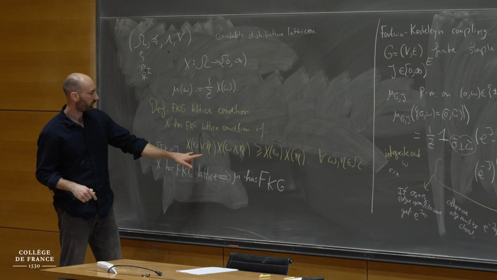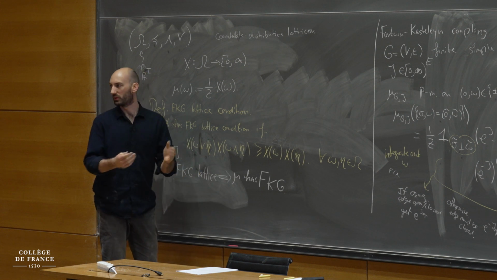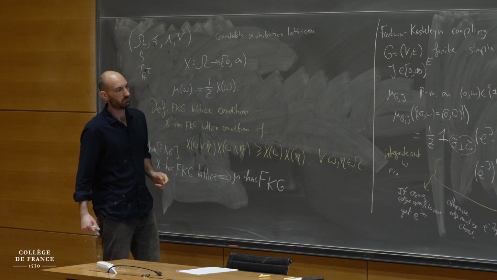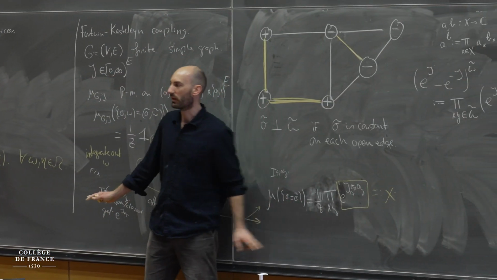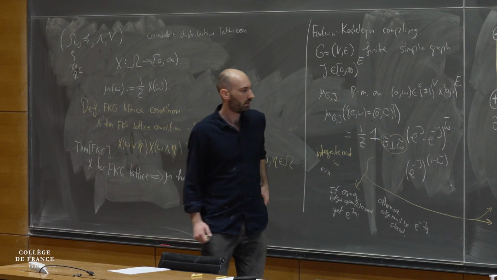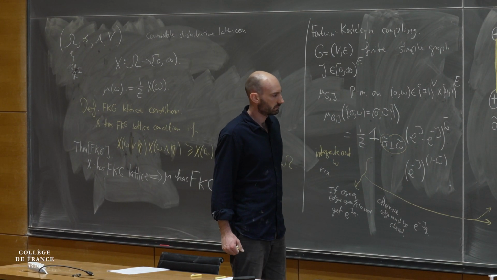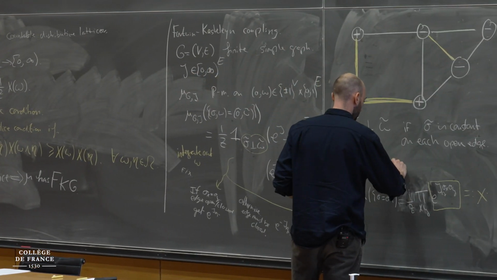Right, so you're always doing better plugging in the pointwise minimum and the pointwise maximum than putting in your original configurations. And then it's simple because we're just taking a product, but this FKG lattice condition is stable under taking a product. So this has FKG.